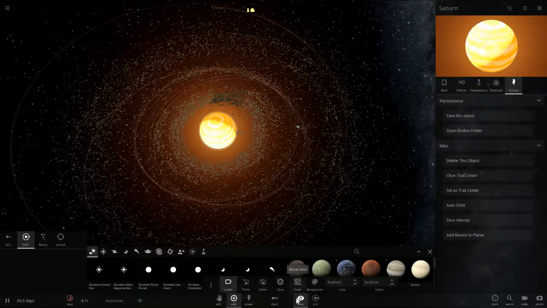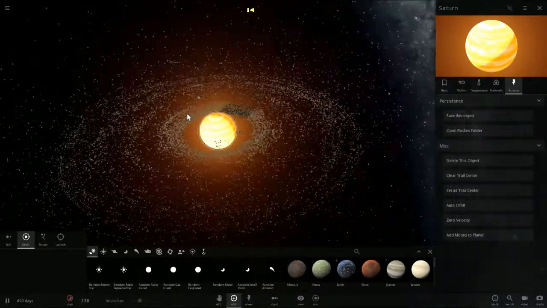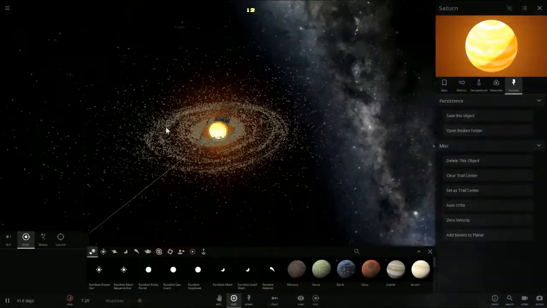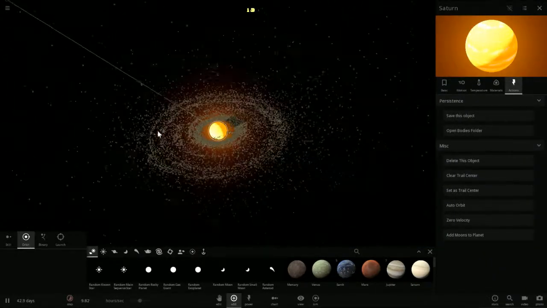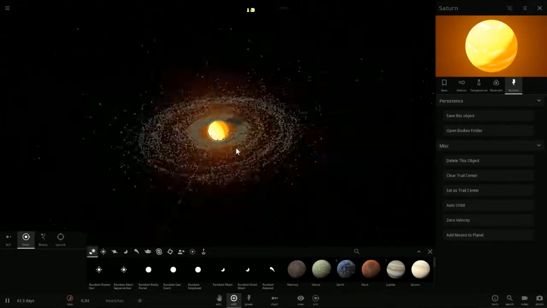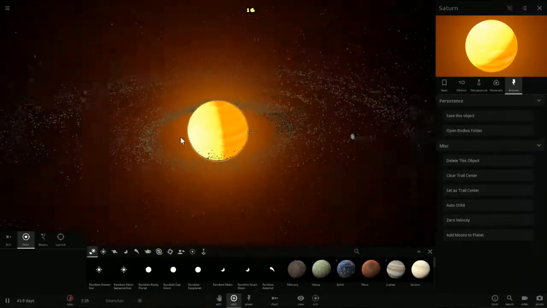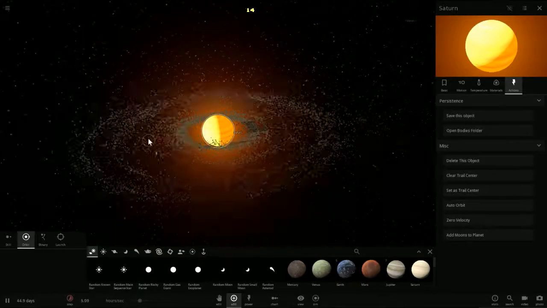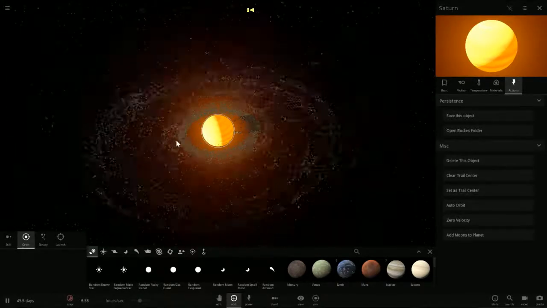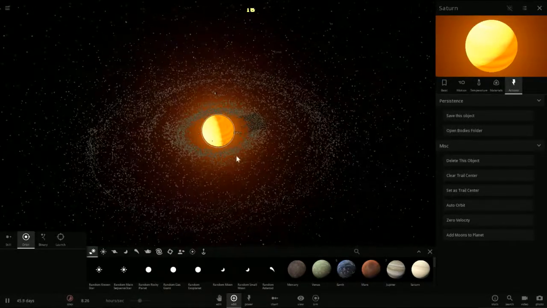So I mean, yes, most of the rings today came from hundreds of moons that have been ripped apart by Saturn, or have hit each other and turned into asteroids in orbit around Saturn.